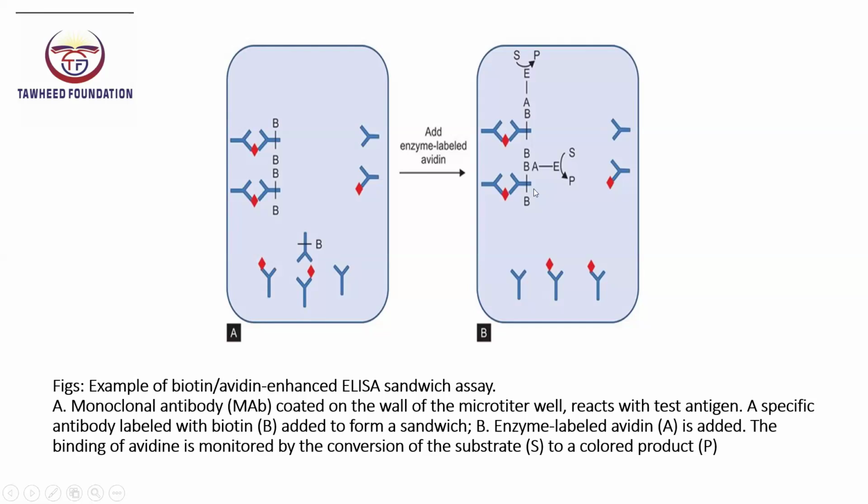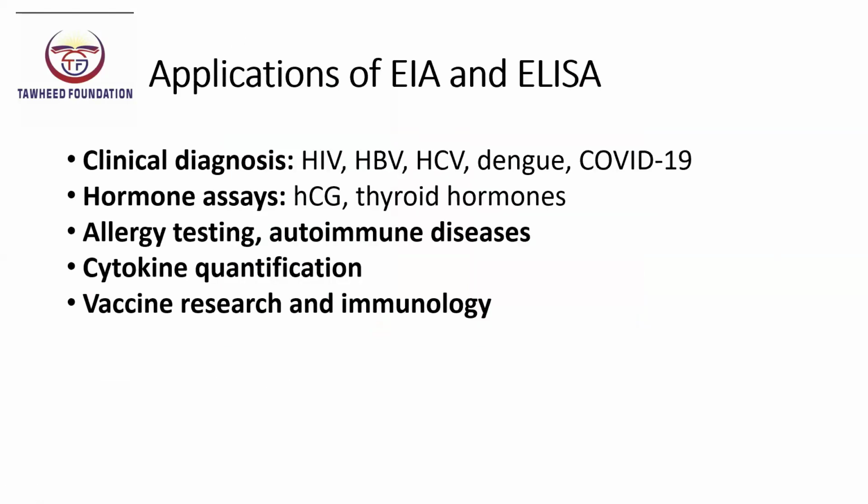When the substrate is added, the enzyme catalyzes the reaction, producing an intense color that indicates antigen presence. Because avidin binds biotin with extraordinary affinity, this system amplifies the detection signal, allowing measurement of extremely small antigen quantities. So these two are the diagrams of biotin avidin enhanced ELISA sandwich assay.